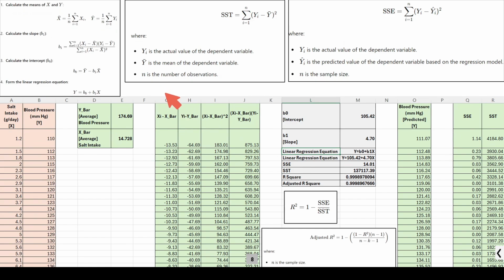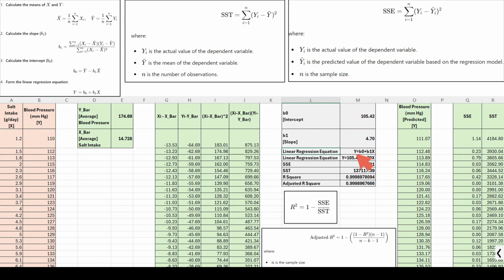Next, using these four columns I have figured out the value of b1, that is slope, which is 4.70. Then using this particular formula I have figured out the value of intercept, which is 105.42.